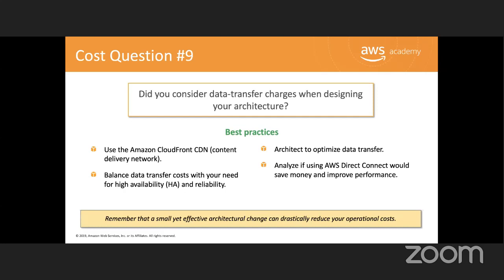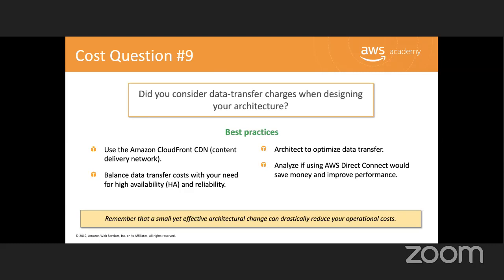So use the Amazon CloudFront CDN, content delivery network, and also when you transfer data to an EC2 instance or CloudFront within the same region, that is free as well. Right. Balance data transfer costs with your need for high availability and reliability.